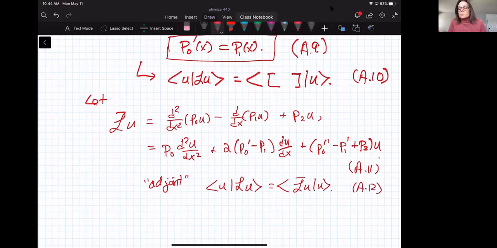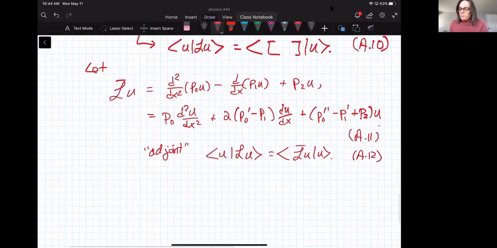right? Which is similar to what you've seen in quantum mechanics. When we talk about self-adjoint, what that means is that the adjoint of the operator is the operator itself, right?